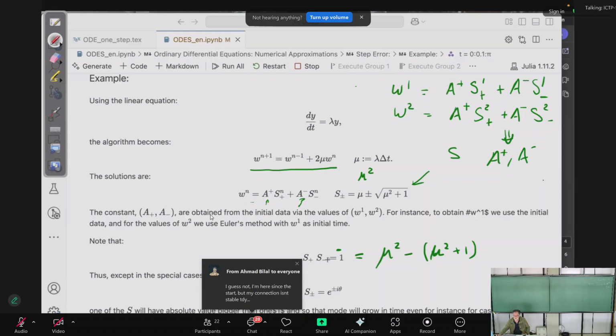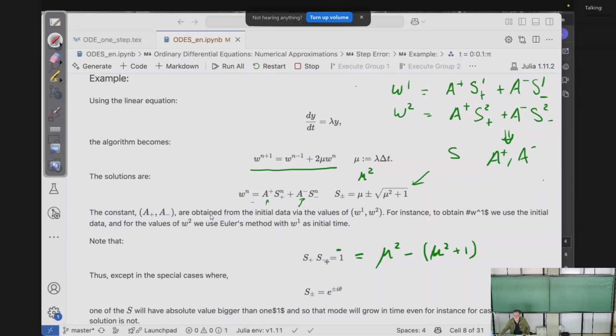So this means that if the absolute value of one of these is less than 1, the other is bigger than 1, unless the absolute values of both are 1. So in this case, when it's just an imaginary number, a complex number of norm 1, it's okay.